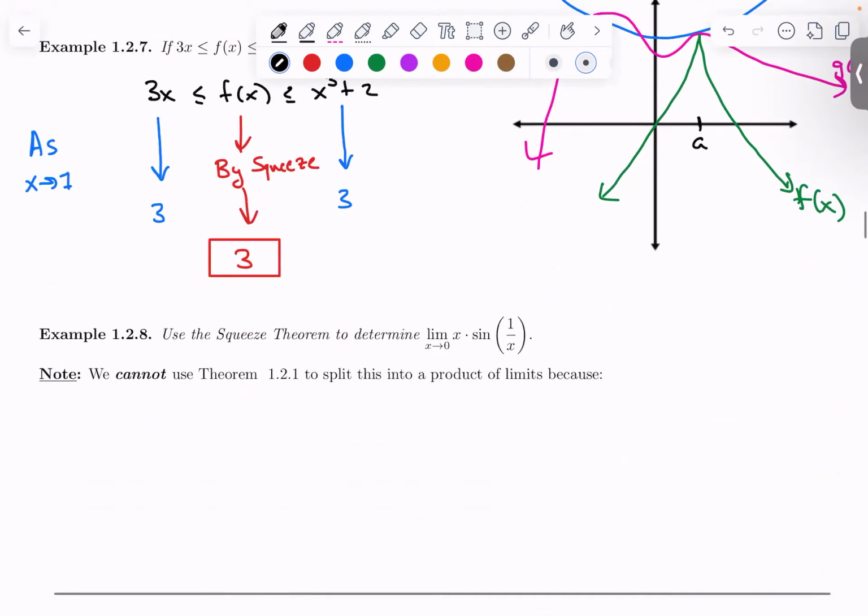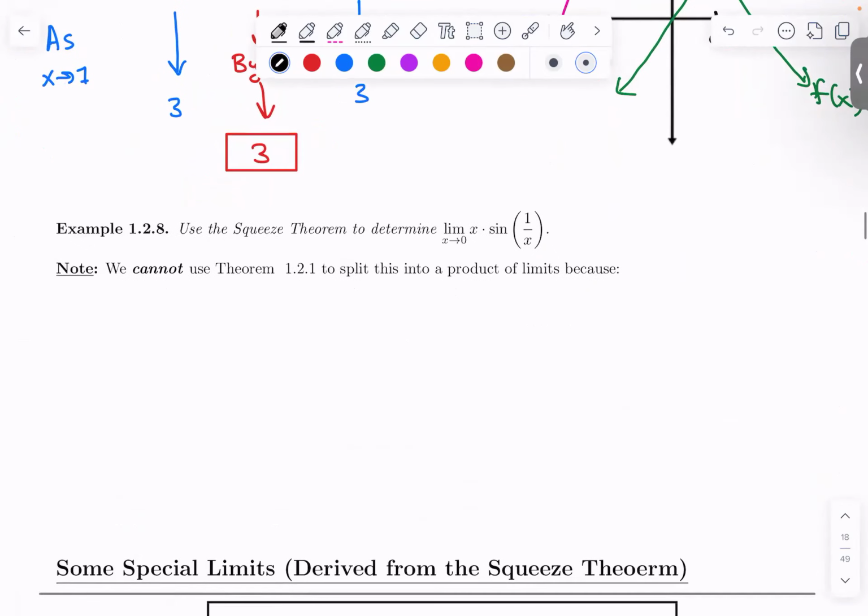So, for example, use the squeeze theorem to determine the limit as x approaches 0 of x times sine of 1 over x. Now, one might want to break it up into two pieces and find it that way, but unfortunately, it doesn't work because the limit as x approaches 0 of sine of 1 over x does not exist.